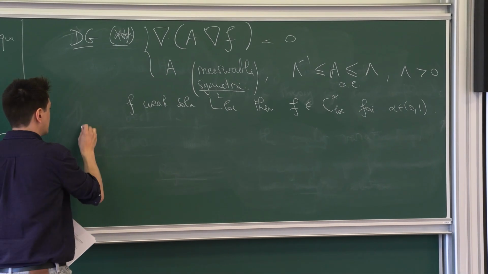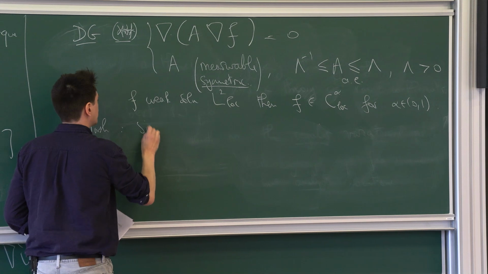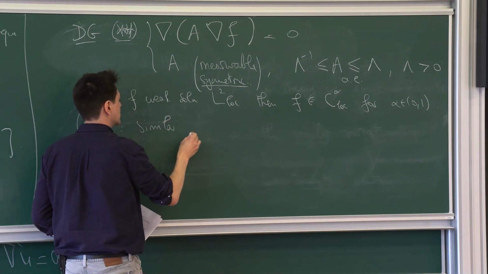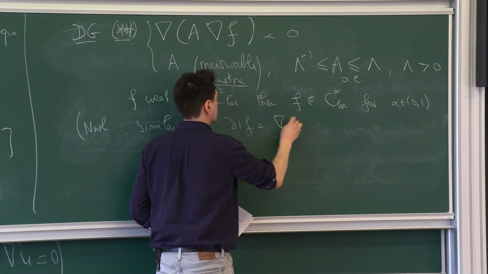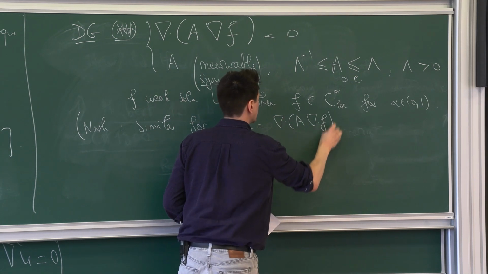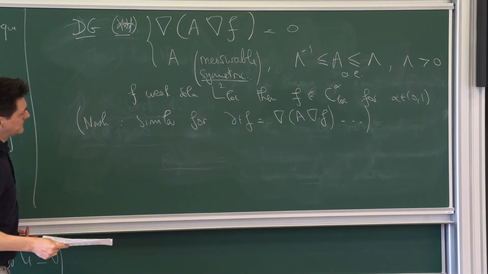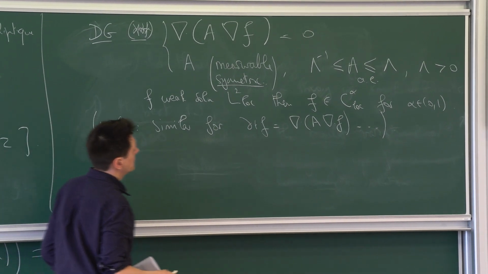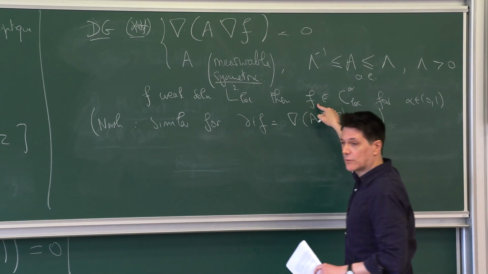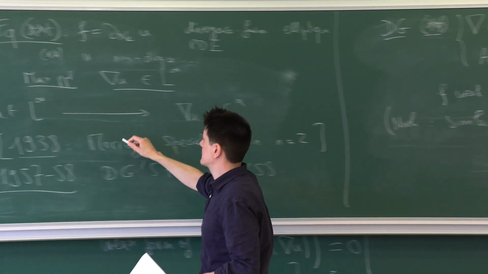And Nash had a similar statement in the parabolic case. Similar for d_t f equals divergence A grad f. So you see that it solves the problem because you will apply that to f being one of the derivatives of U and you bridge this gap.